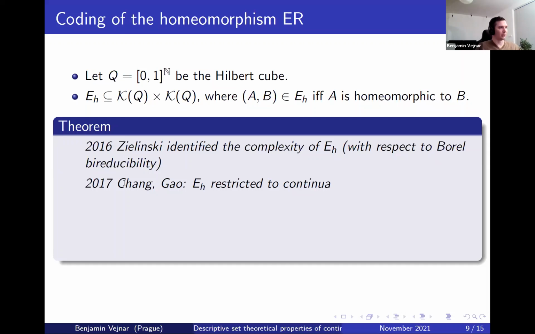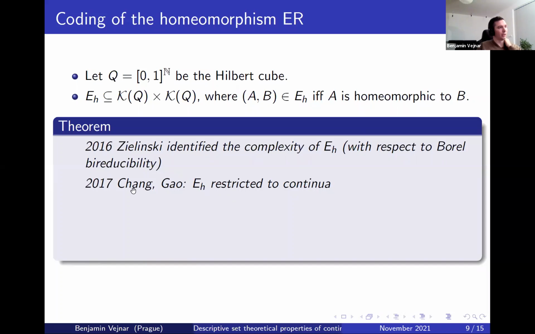One year later, Chang and Gao proved that if we restrict this equivalence relation EH just to continua, we get the same complexity. Well, in fact, for proving their result, it is just enough to Borel reduce the whole EH to EH restricted on continua.